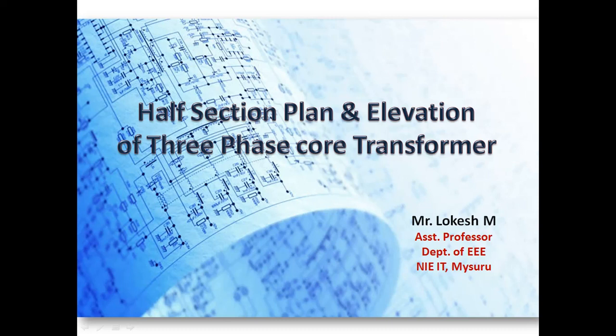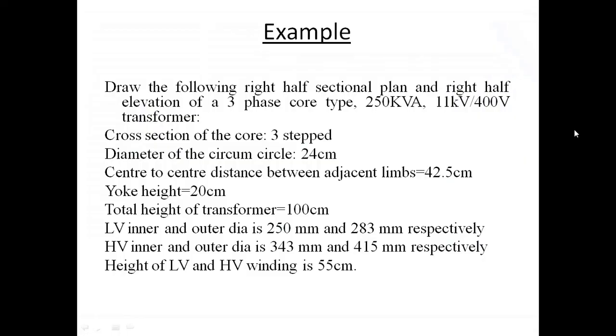For that I have a problem. We need to draw the right half sectional plan and right half elevation of a three phase core type 250 kVA 11 kV 400 volt transformer. The given details are: cross section of the core is 3 stepped.